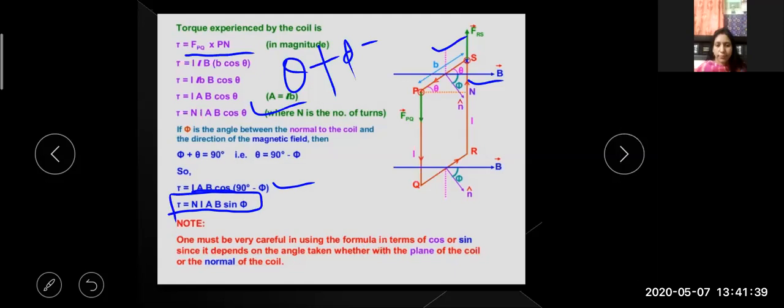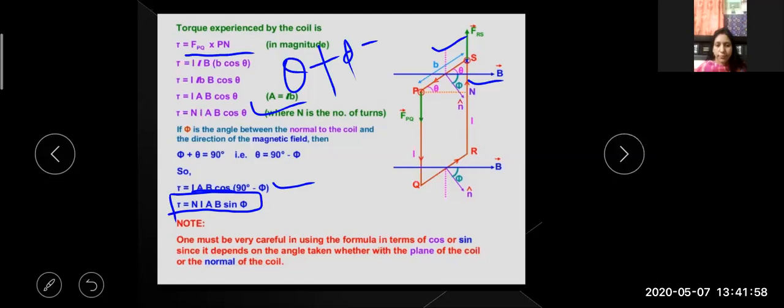NIAB sin phi, where phi is the angle between the normal drawn on the plane of the coil and the direction of the magnetic field. So torque experienced by the coil is NIAB sin phi.